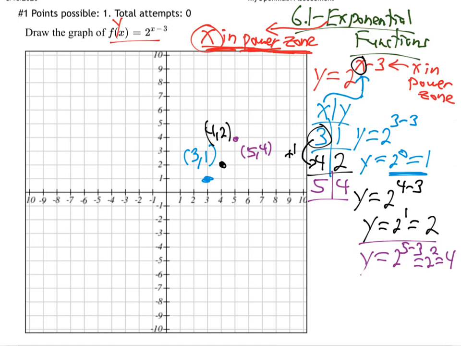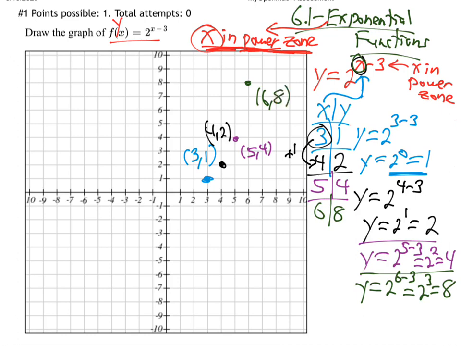And let's do another one, just to see where this thing is going. If we plug in 6, y equals 2 to the 6 minus 3. Just keep plugging in wherever x is. That's 2 to the 3, which is 2 times 2 is 4, times 2 is 8. Over 6, up 8. Look at that.